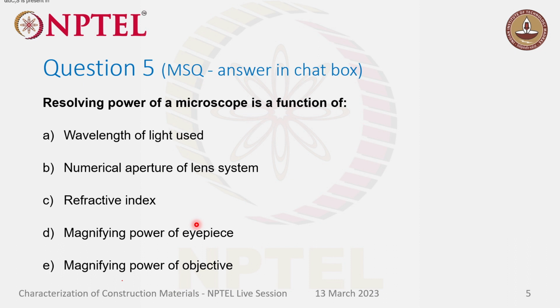After a minute, we'll see the solution. Here there are different parameters from option A to option E. A, wavelength of light; numerical aperture; refractive index; magnifying power of the eyepiece; and magnifying power of the objective piece. So which of the following parameters are a function of resolving power of an optical microscope? Please type your answer in the chat box.